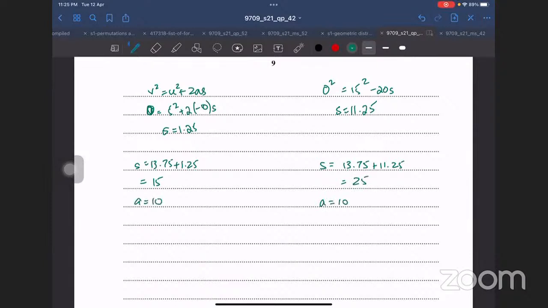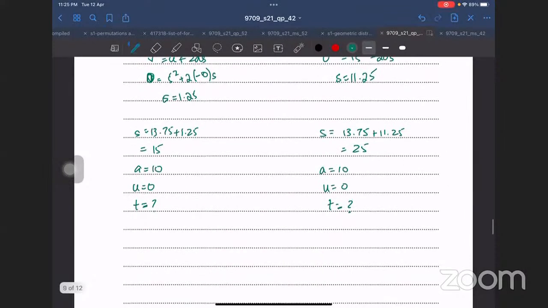I'm coming down. I have a starting speed of 0, and I need to figure out t. So s equals ut plus half at squared. So 15 divided by 5 gives me 3. So t equals root of 3. And in this case, 25 equals 0 plus half into 10 into t squared. So t equals root of 5.